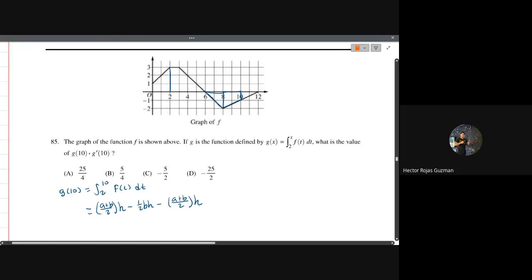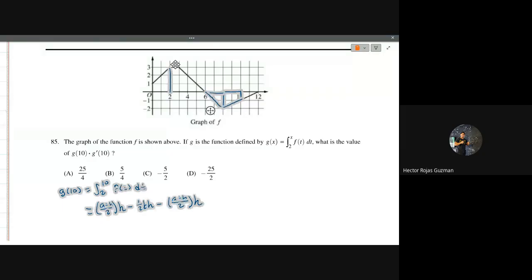Now, be really careful when you do your trapezoids here because they're kind of slanted. For the first trapezoid, this line segment is A, this line segment is B, and the height is 3. So we have 1 plus 4 divided by 2 times 3, minus 1/2 base times height.